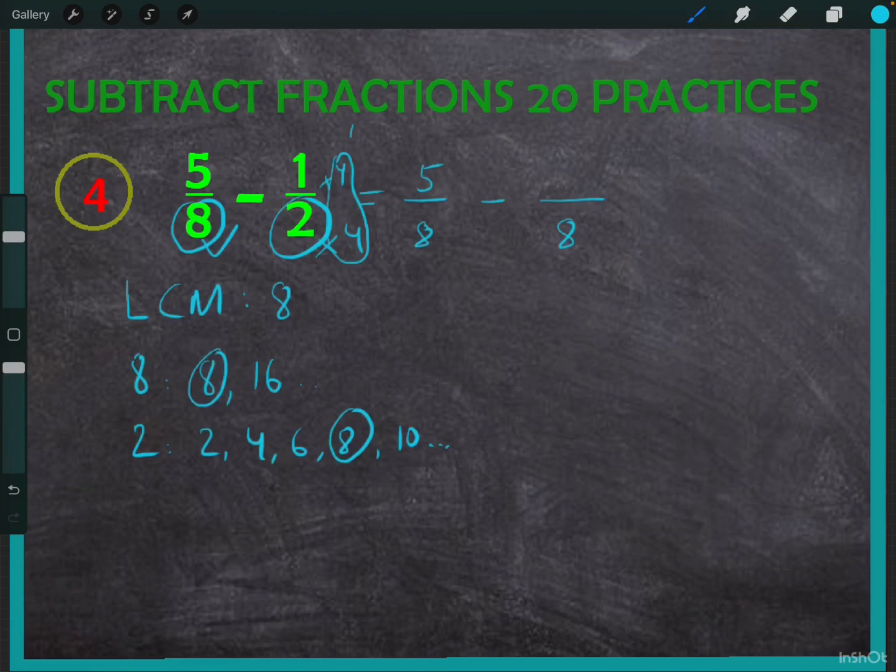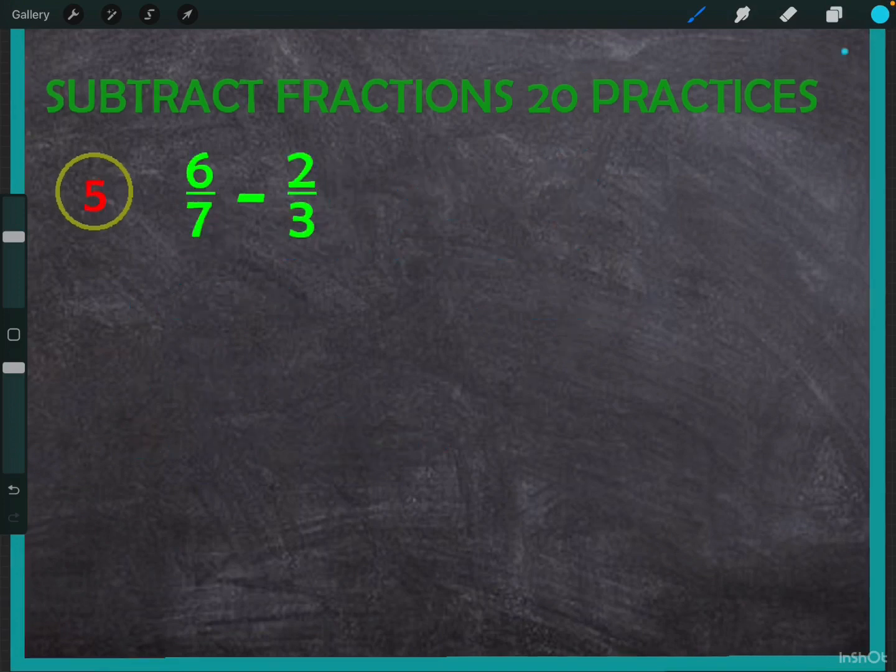So now we have 1 times 4 is 4, and the second fraction is 4 over 8. Here we have two fractions with the same denominator, 8. So we write 8 in the denominator, and for the numerator we subtract 5 and 4. 5 subtract 4 is 1. 1 over 8 is the answer for practice number 4.